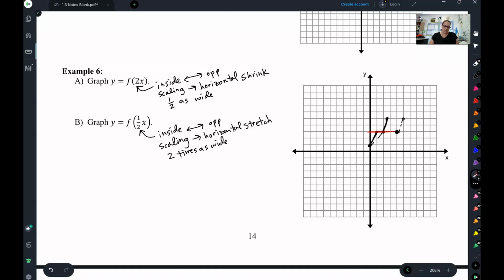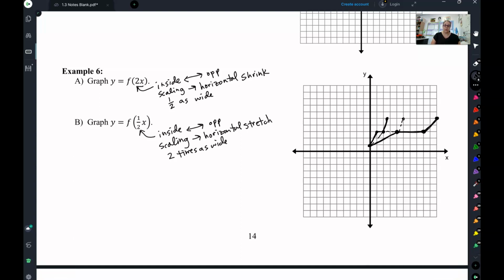This one is 4 blocks wide, so times that by 2, and we're going to get 8 blocks wide. And then this one is 5 blocks away from the y-axis, so times that by 2, and we get 10. So here's our graph, and then you'll notice it is twice as wide as that original dashed graph.